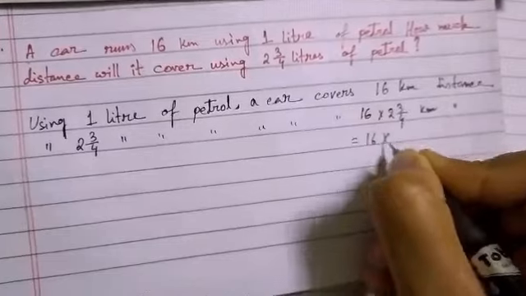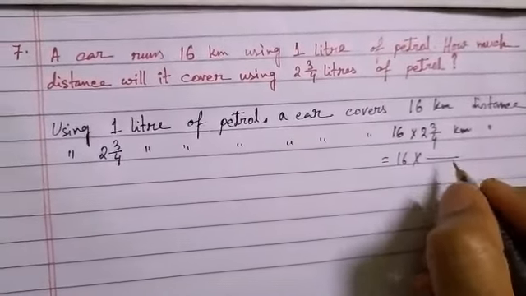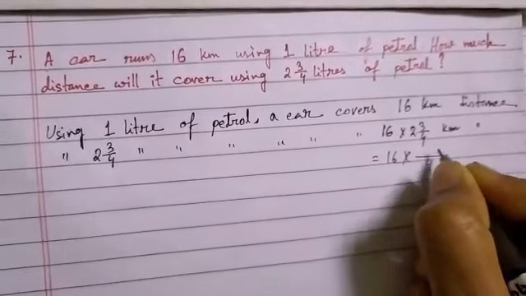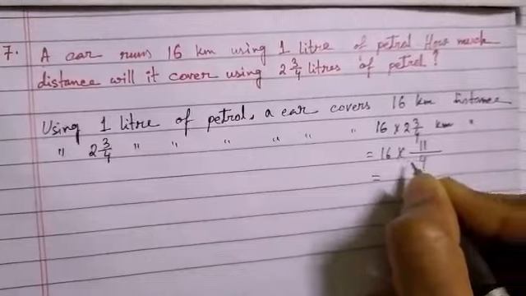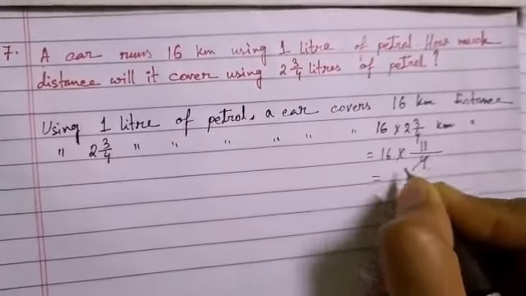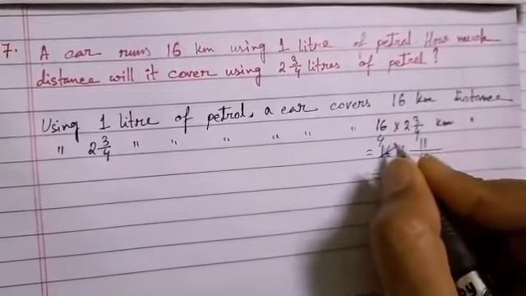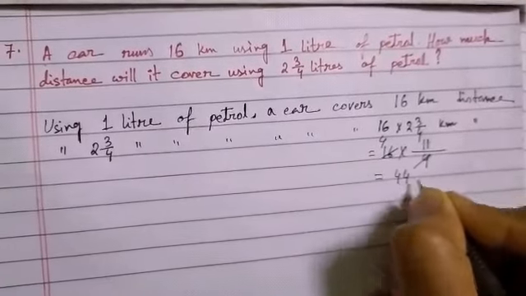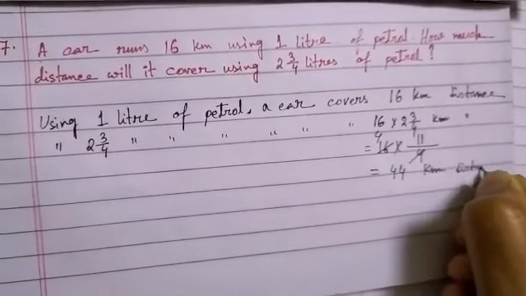So 16 into, it should be converted into an improper fraction. 4 2s are 8 plus 3, that means 11. Then this 16 can be cut by 4. 4 4s are 16. So 11 into 4, that means 44 km distance.